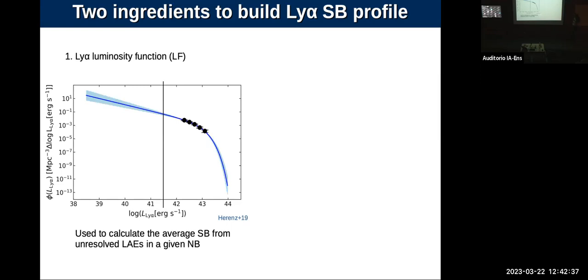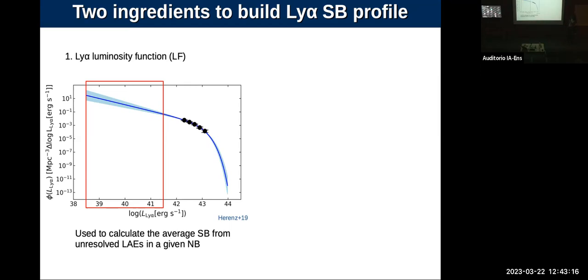What you see here is the Lyman-alpha luminosity function. This part here is what has been measured by the MUSE collaboration. And this straight line here is the MUSE detection threshold for Lyman-alpha emitters. So below this, you do not detect any Lyman-alpha emitter, and above that, you detect all the Lyman-alpha emitters. The part that we care about is this undetected part of the luminosity function, which I have extrapolated to very faint luminosities, as simulations predict that those galaxies may be as faint as 10^38.5 or so in Lyman-alpha luminosity.